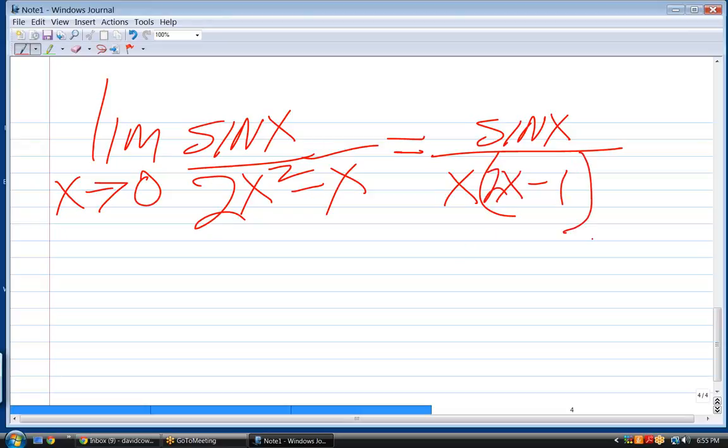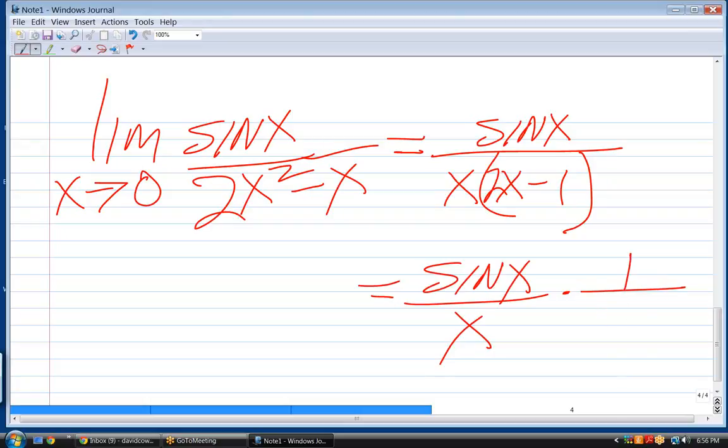Okay. Let's factor the bottom. Correct? Okay. Now they've also told you to memorize what the limit of sine of x over x is. Correct? They've told you that that's 1. Well, this is sine of x over x times 1 over 2x minus 1.